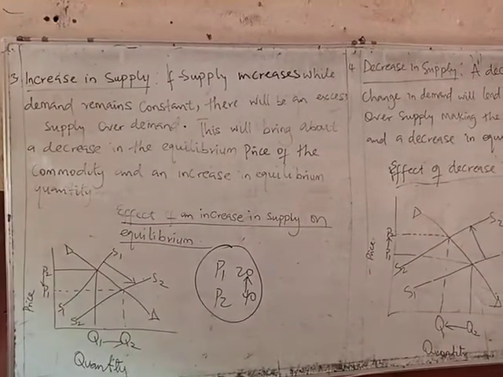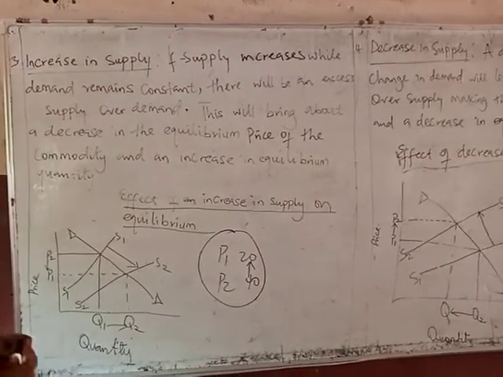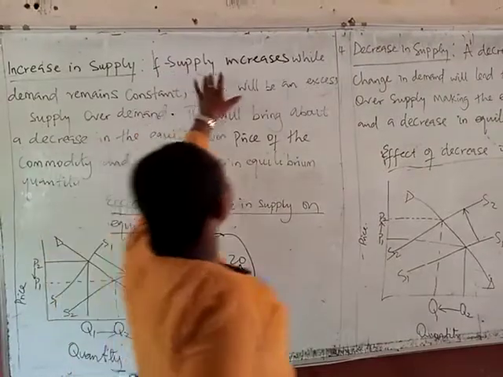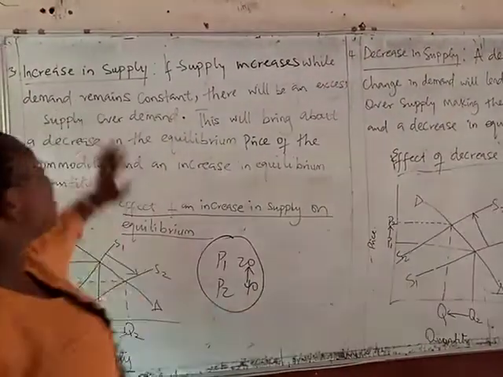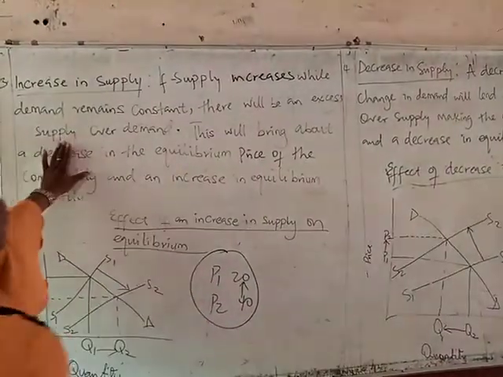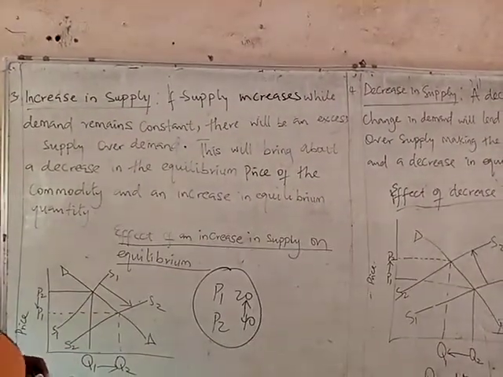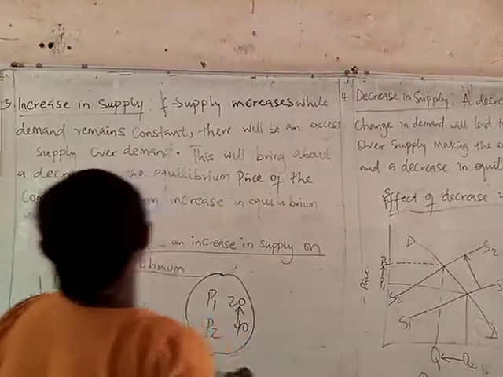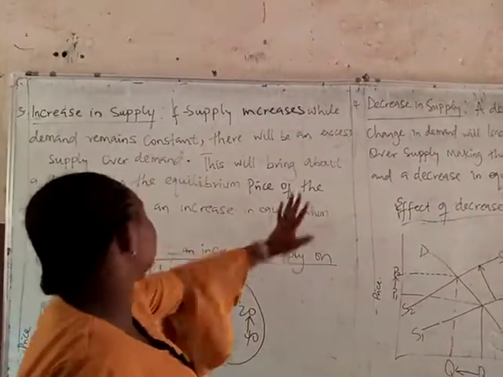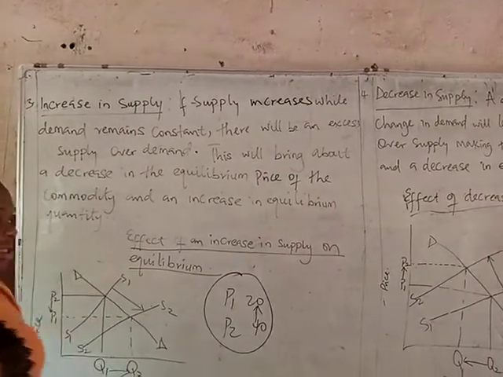Number 3, increase in supply. Remember, we are still in the changes of equilibrium. If the supply increases when demand remains constant, there will be an excess supply over demand. Increase in supply will bring about a decrease in the equilibrium price of the commodity and an increase in equilibrium quantity.